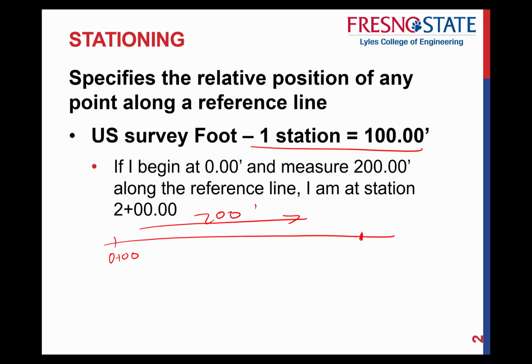If one station is equal to 100 feet, one full station added onto 0 plus 00 would be 1 plus 00. We've gone 200 feet, so we've gone twice this. We travel along here to 1 plus 00, which is 100 feet, then go another 100 feet, and we end up at 2 plus 00.